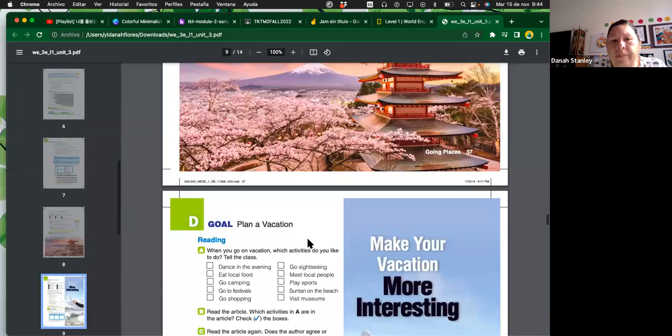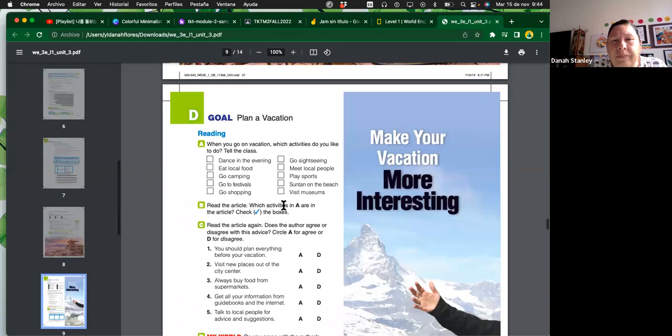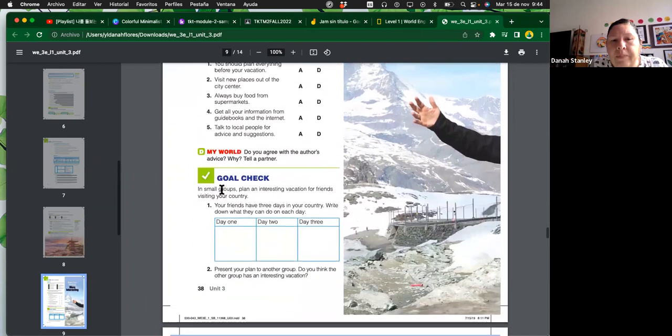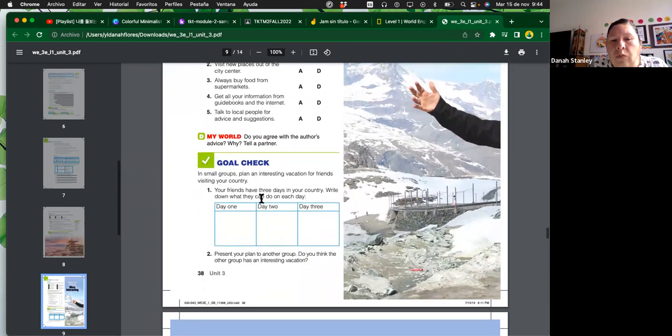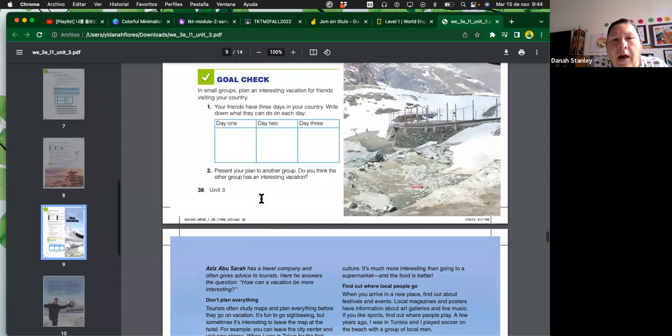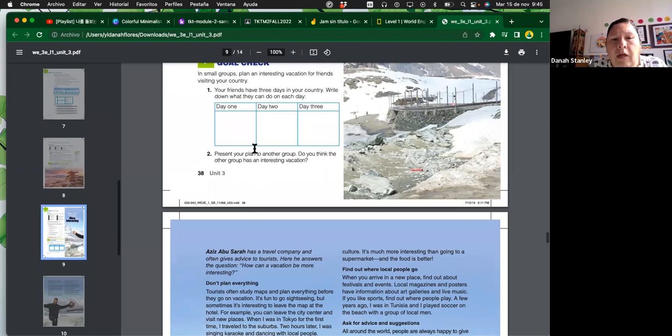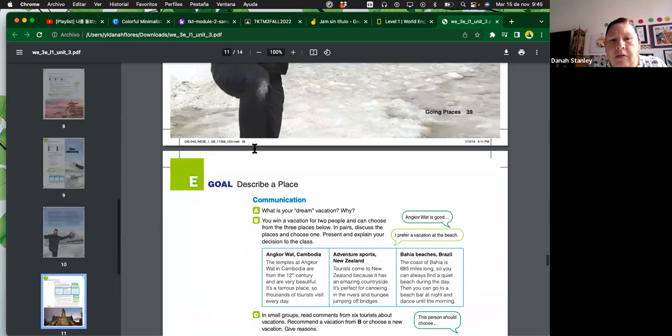Luego tienen un reading, un pre-reading. Which activities do you like to do? Pre-reading, while reading, post-reading. That is writing. What do you think? Writing and a description. And here you have the text.